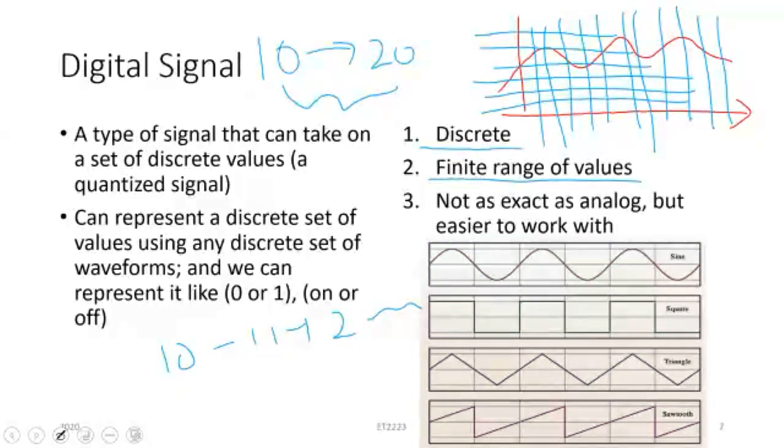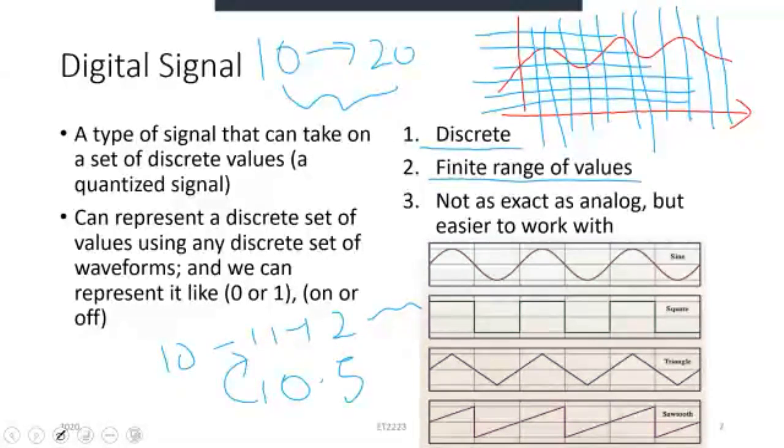For example, as I previously mentioned, if the actual speed is say 10.5, then it will have to be rounded to something that is suitable in that particular signal. So again, we will not have exact values as we would have in an analog signal.